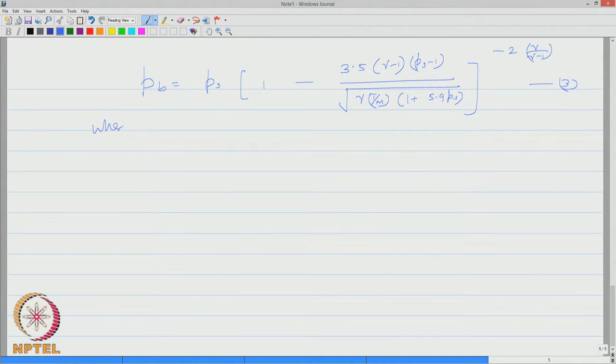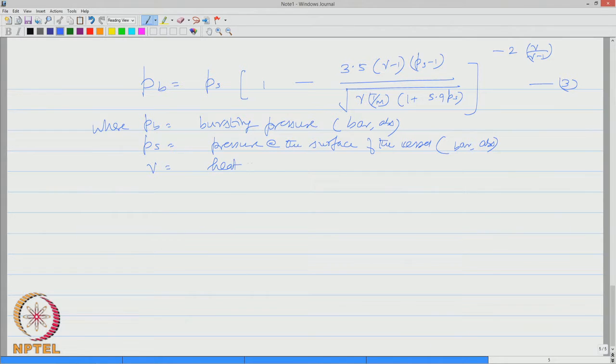where Pb is called the bursting pressure, which can be in bar absolute. Ps is called the pressure at the surface of the vessel, again in bar absolute.